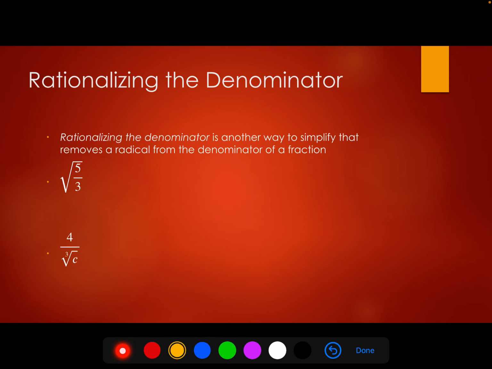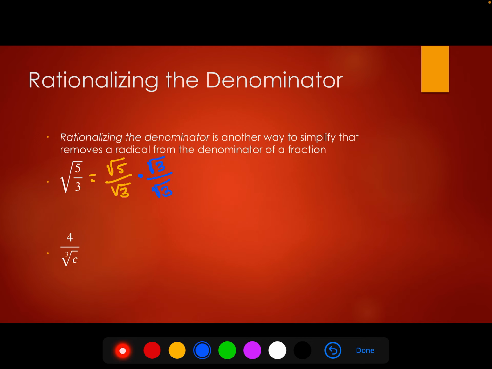We can see that we have the square root of 5 over 3. Well, we can rewrite that as the square root of 5 over the square root of 3. Now we want to rationalize the denominator by getting rid of that square root of 3. So to do that, we can multiply both the numerator and the denominator by the square root of 3.